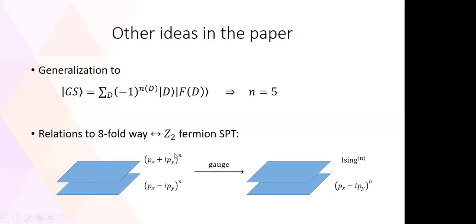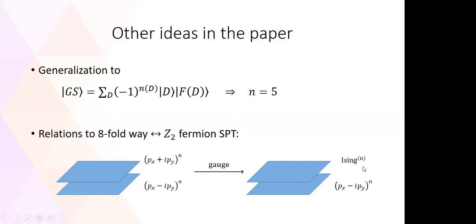Ah, okay. So a neat way in the paper they say you can think about these models, I discussed just the n equals 1, is to start with a Z2 fermion SPT where you have just a bilayer, let's say, of p minus ip and p plus ip, and you gauge the fermion parity and get an Ising phase, and that's how you get the model.